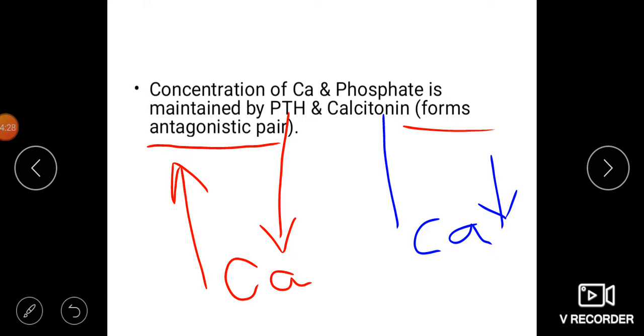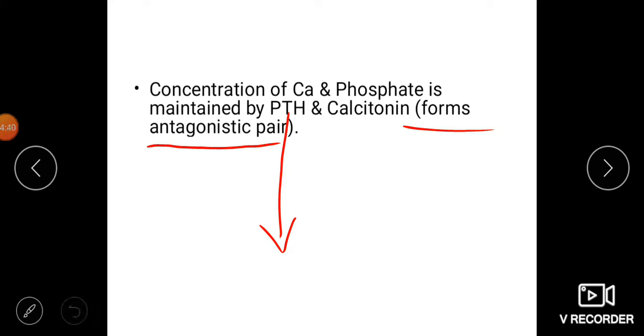So the activity, one is to increase and the other is to reduce. So it is called an antagonistic pair, an opposite pair. Calcitonin is secreted by the C cells of the thyroid gland. It is also called thyrocalcitonin.